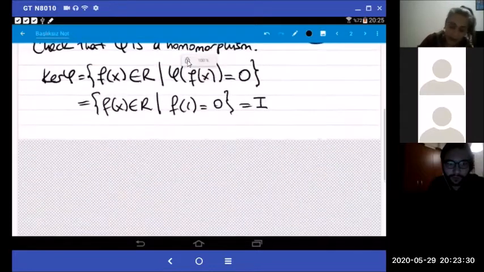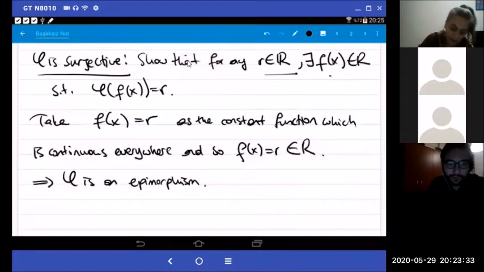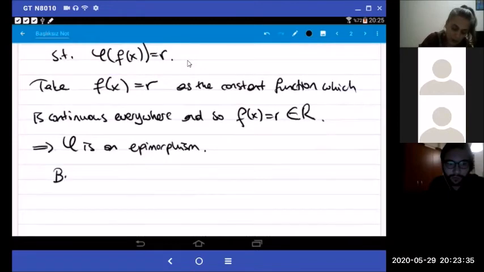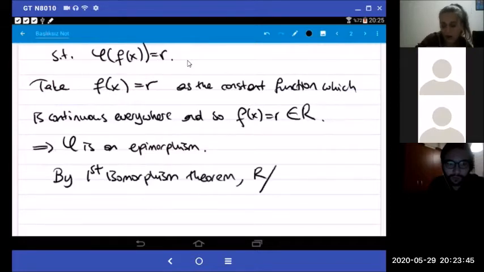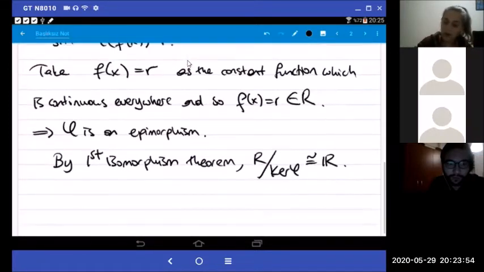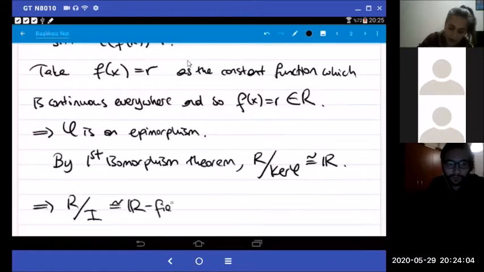So now applying the first isomorphism theorem, the ring over kernel phi is isomorphic to the range, which, since we have an epimorphism, is isomorphic to R. But we know that the kernel of phi is our ideal I, so the quotient is isomorphic to R, and we know that R is a field.